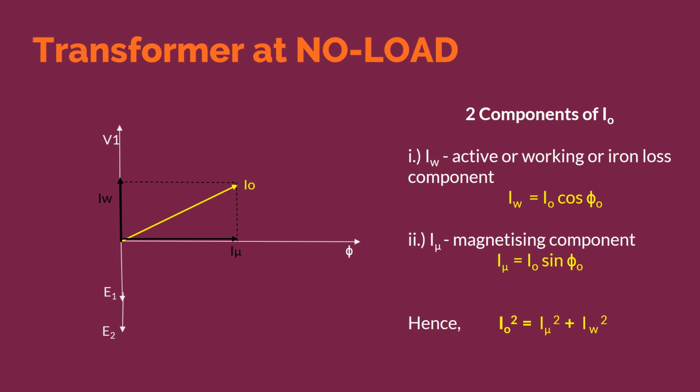By formula, the iron loss component is equal to I sub O times the power factor, or cosine phi sub O, and the magnetizing component is equal to I sub O times sine phi sub O. Obviously, I sub O is the vector sum of I sub W and I sub mu. Hence, we have I sub O squared is equal to I sub mu squared plus I sub W squared.